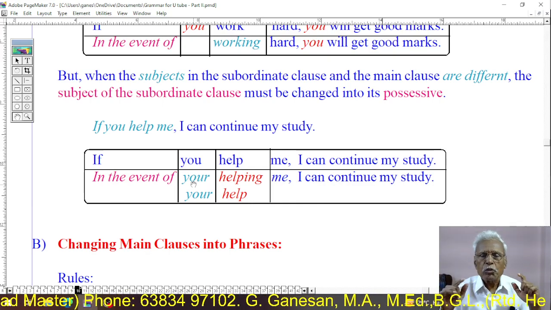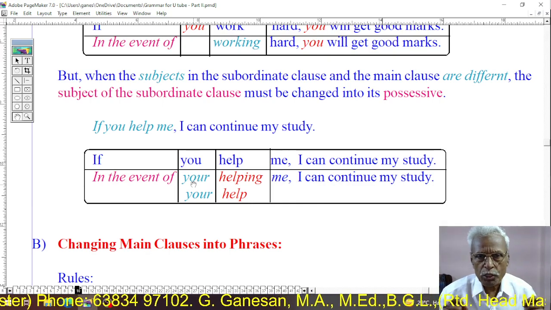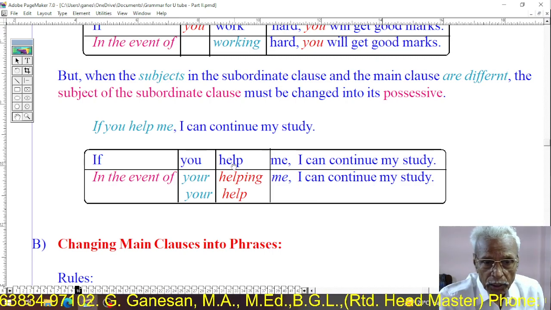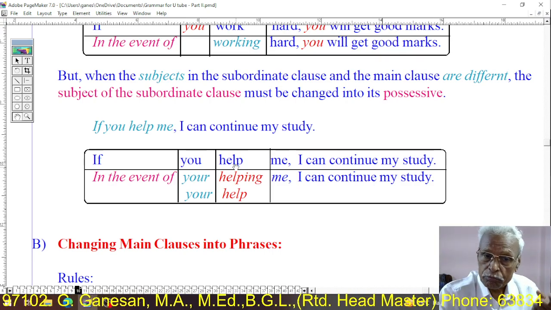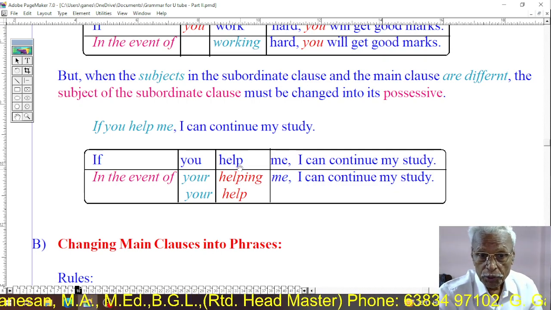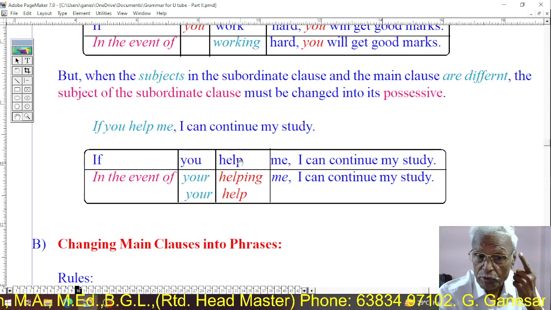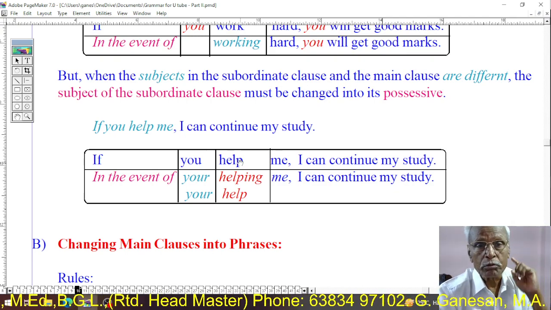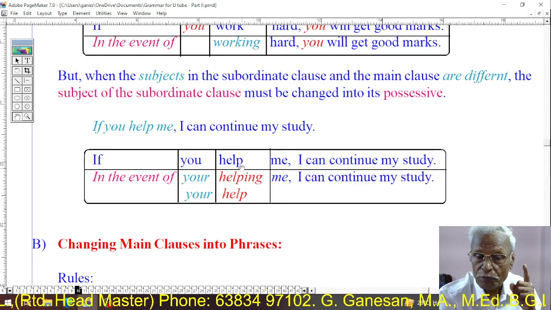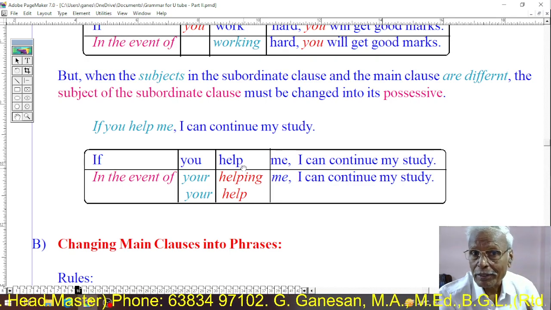Here we got to know one more thing, my dear students. That is, this verb can be changed into its present participle, or if this verb has a noun of its own, that noun can be used. Help is the verb as well as the noun.